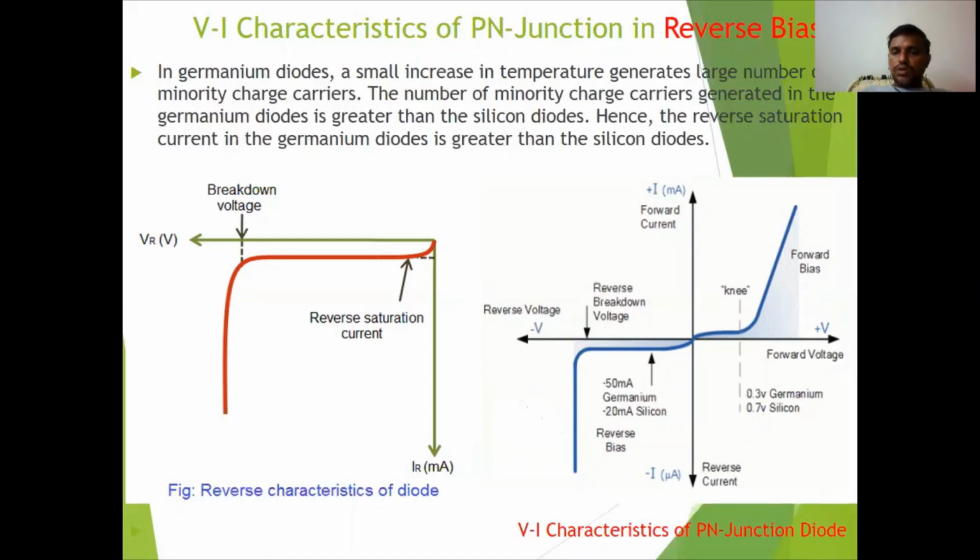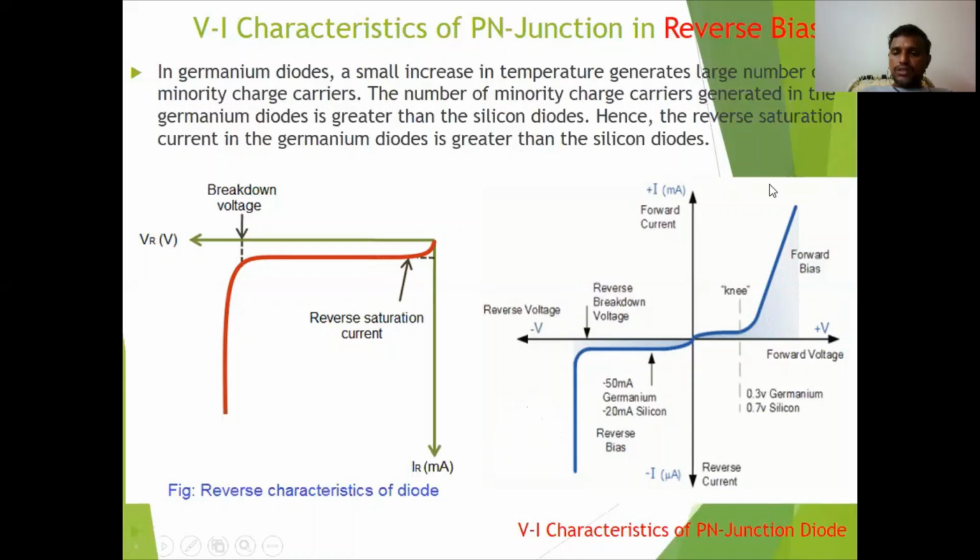If you observe this, here the forward bias voltage is taken on the positive x-axis, and the negative x-axis is the reverse voltage. On the positive y-axis, I have considered the forward current in milliamperes, and in the reverse direction, the reverse current is taken on the negative y-axis, in microamperes. So forward current is measured in milliamperes, and reverse current in microamperes because it is very small current, that is the minority charge current.